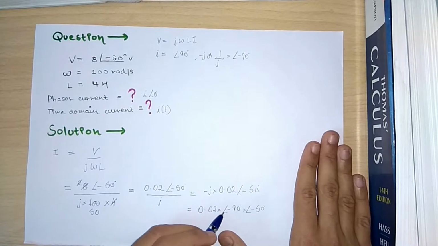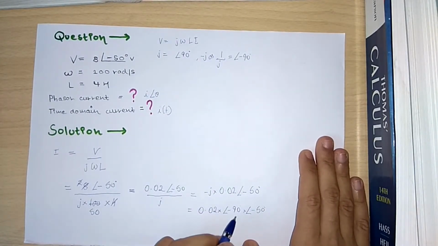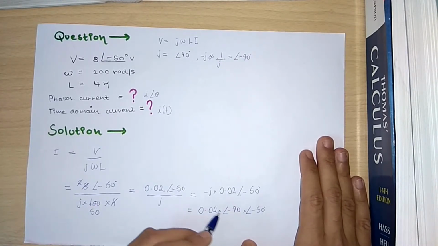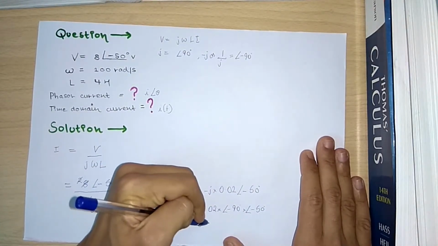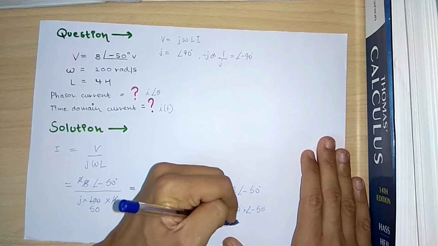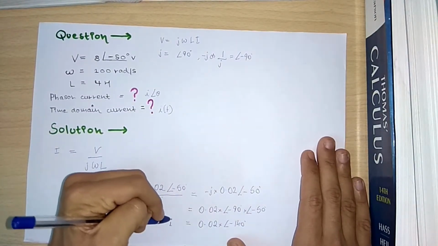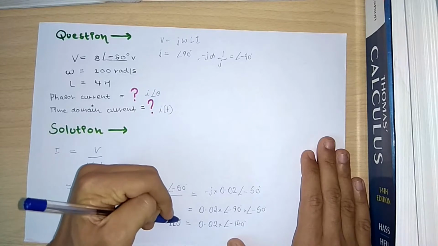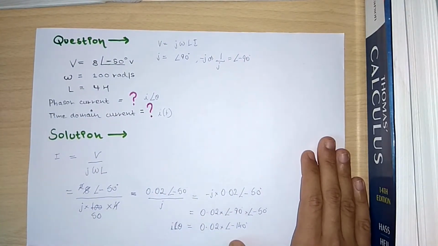Now in phasor form, angles when multiplied with each other are actually added, while when divided they are subtracted. Since we are multiplying, the two angles will be added up, and we'll get the answer as 0.02 into angle minus 140. This will be the current in phasor form, with the angle of current being minus 140.